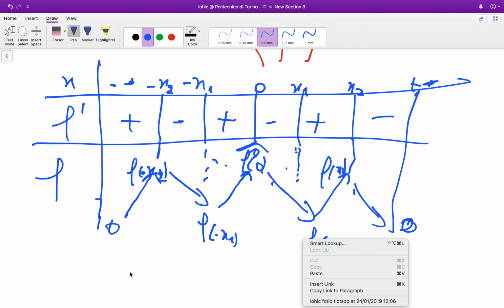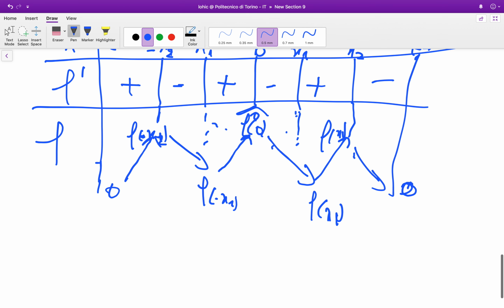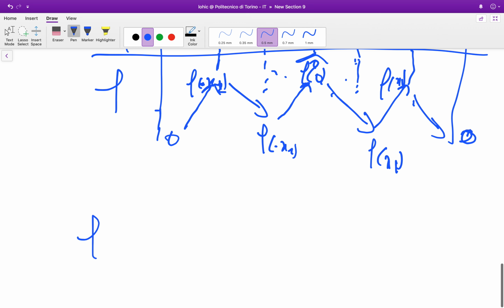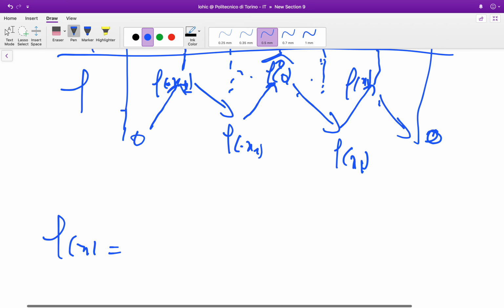So what we need to do is to have an estimation of what is f of minus x1 and f of minus x2. But if you have a look, the function f of x was equal to, what was it already?